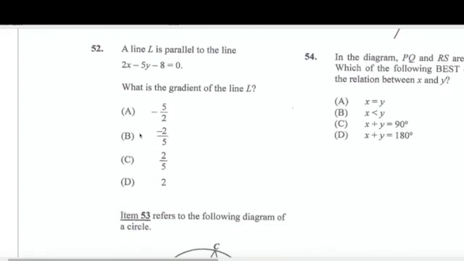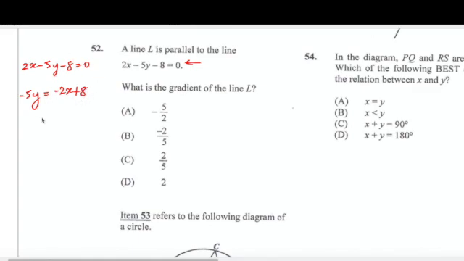The line L is parallel to the line that... What is the gradient of L? Well, we'll first have to put this in the form y is equal to mx plus c. So 2x minus 5y minus 8 is equal to 0. We're making y the subject of the formula. So minus 5y is equal to minus 2x plus 8.